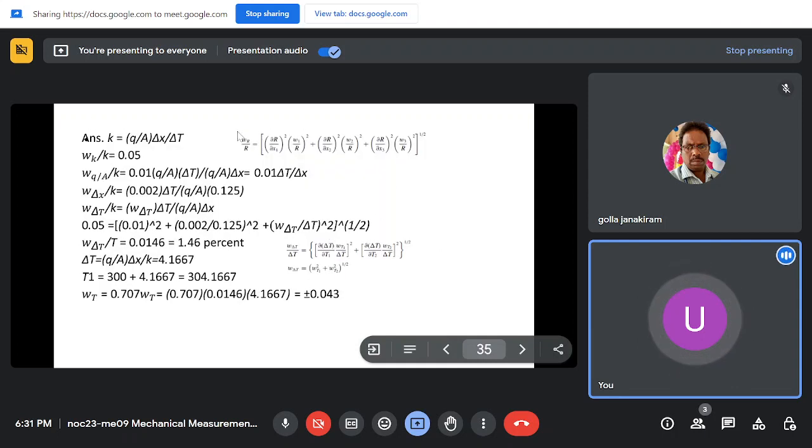We know from Fourier's equation, Q is KA delta T by delta X. So we write this in terms of thermal conductivity: Q by A into delta X divided by delta T. Q is heat transmitted, and Q by A is the heat flux.